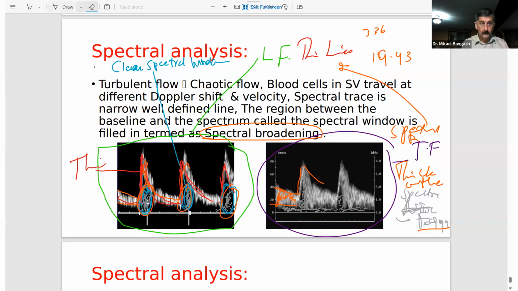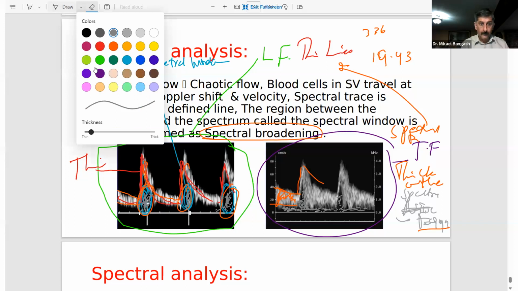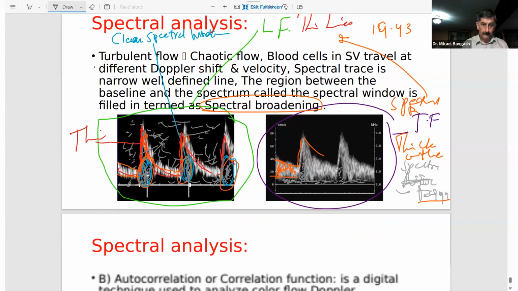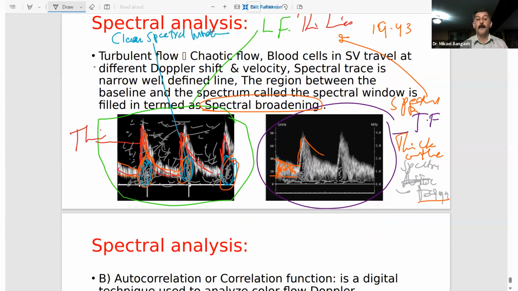Now, let's just say, let's say here, for instance, that you got dots all over the place. Now, ladies, this can't be spectral broadening.